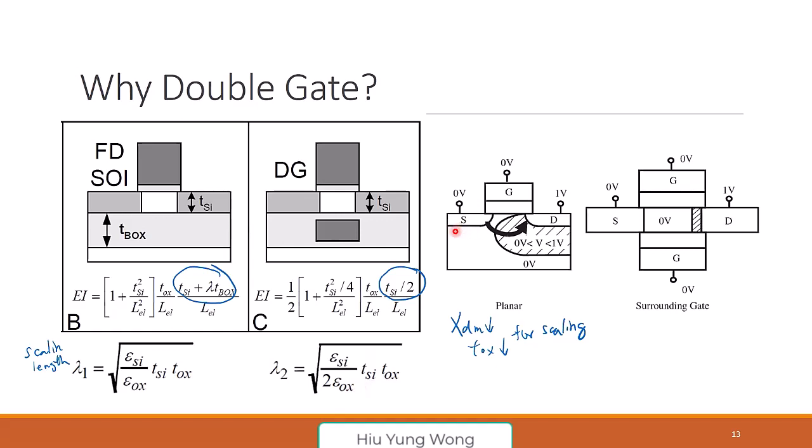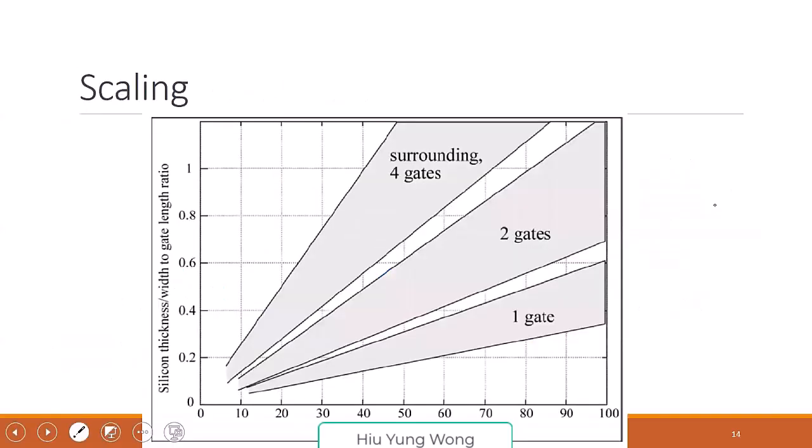If this is the bulk picture, hey, instead of having this bulk not having control, I just add another part so that now I have perfect control on my transistor. Is this clear? Any questions about why we do double gate? Right, so our goal is to have better control.